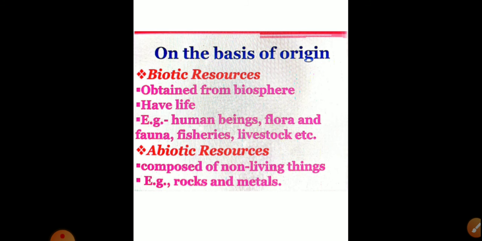If we are talking about the flora, fauna, human beings, all these are renewable biotic resources. So students, we can say fossil fuels such as coal and petrol are also included in this category because they are formed from decayed organic matter. So we can say these are all examples of biotic resources.